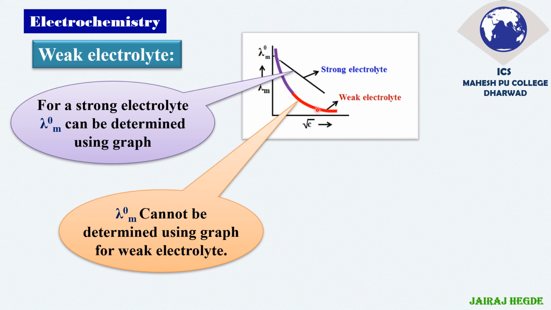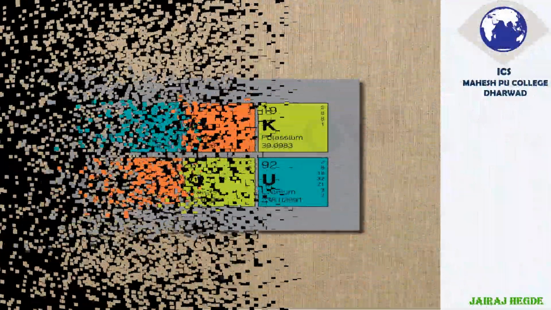So if I decrease the concentration, it will not be a straight line, it will be an exponential line. So that's why it never touches the y-axis. That is the reason by graphical method I cannot determine the limiting molar conductance of weak electrolyte. Limiting molar conductivity of weak electrolyte can be determined by Kohlrausch's law. We can discuss it in the next class.